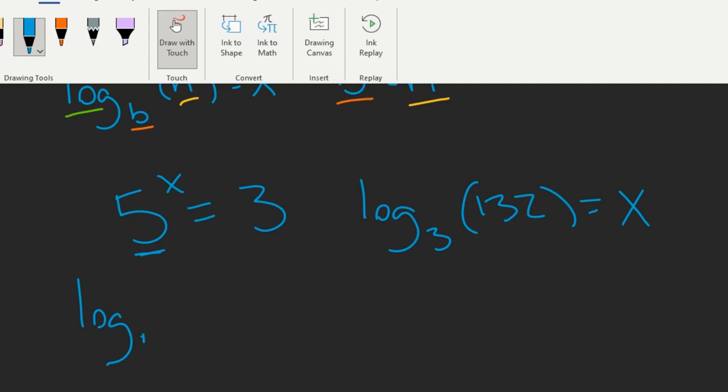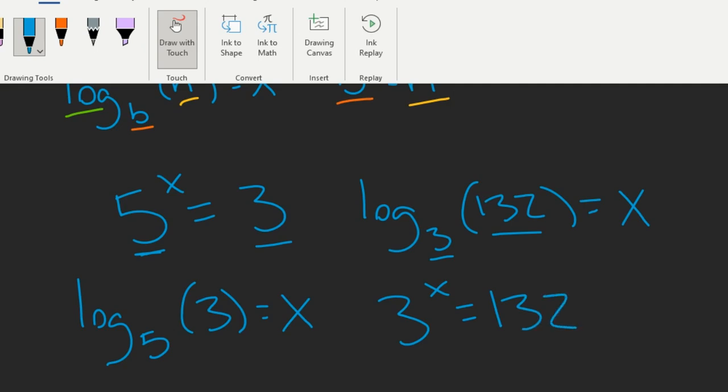So log base 5 of our argument, which is this 3 right here, equals x. Now for the logarithm, we're just working backwards. You take the base and the argument and reapply them where they would go in an exponential. So you take the base, which is 3, to the power of x equals 132.